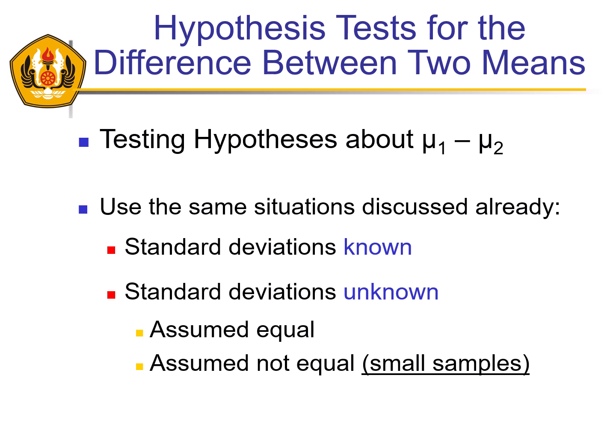When standard deviations are unknown, we can assume that both of them are equal, or that they are not equal. The second assumption is usually used for small samples rather than large samples.